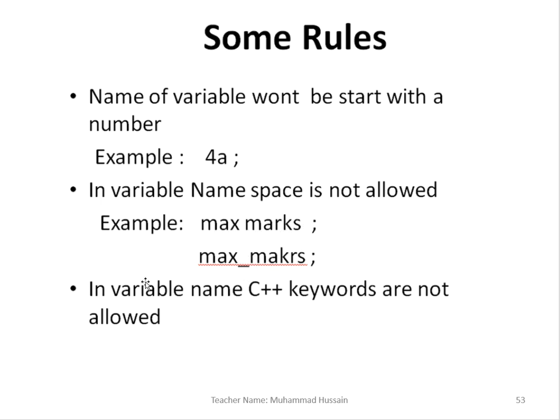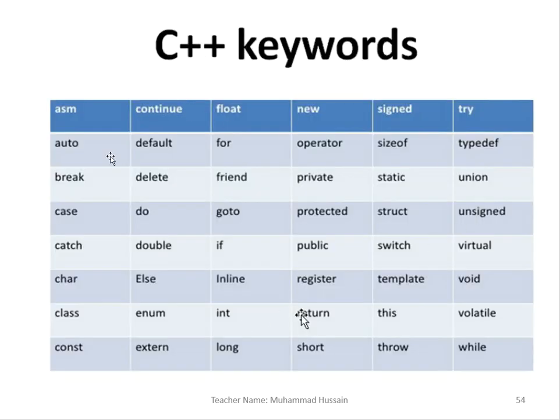In a variable name, C++ keywords are not allowed. Keywords which are already defined in C++, there are many more, but some are given here: private, friend, delete, do, catch, all are keywords used by C++. Same as in our brain we have jump.